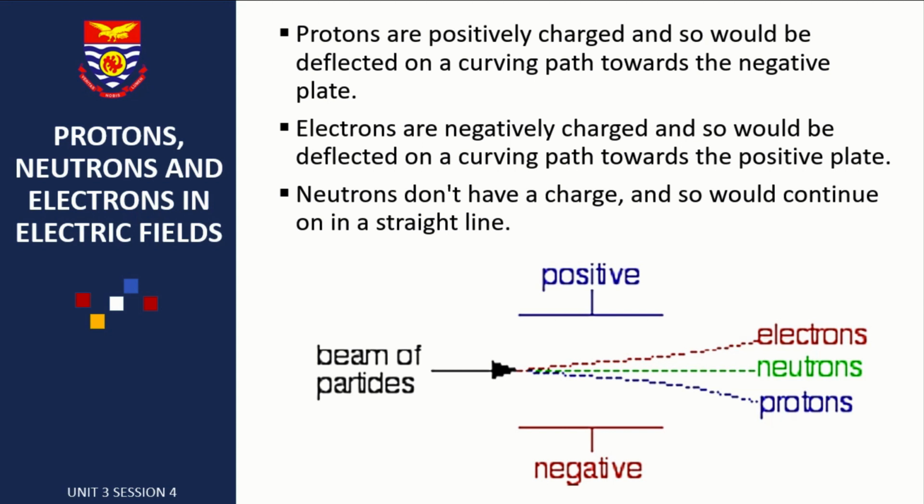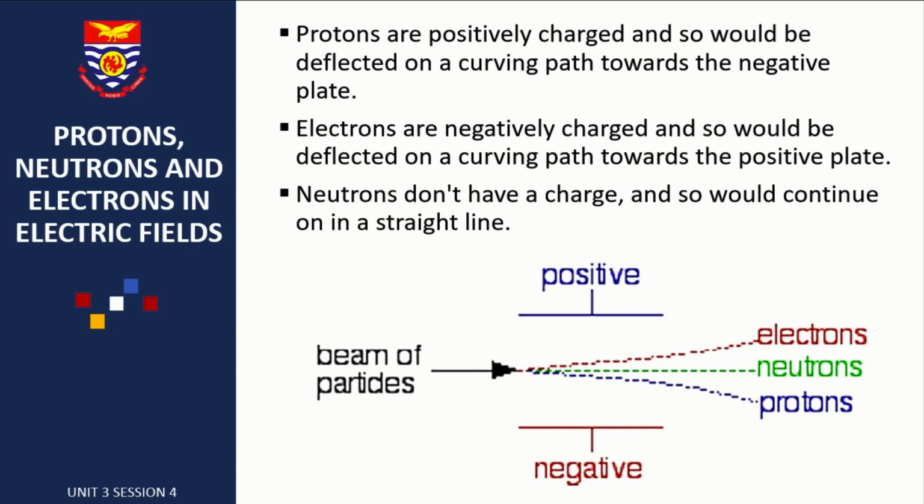So let's ask this question. What exactly happens depends on whether the beam of the particles enter the electric field with various particles having the same speed or same energies. If the beam of these sorts of particles, all with the same energy, are passed between two electrical charge plates, protons will deflect on a curved path towards the negative plate.